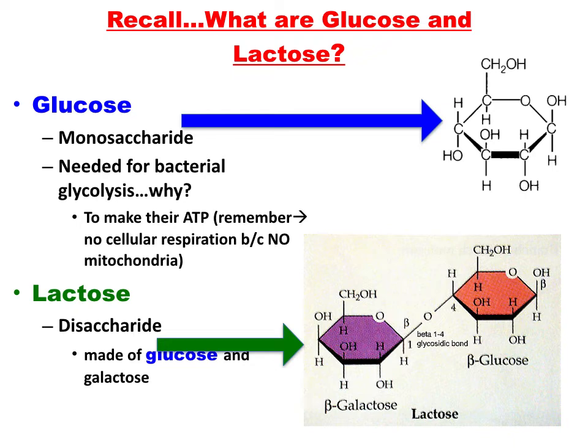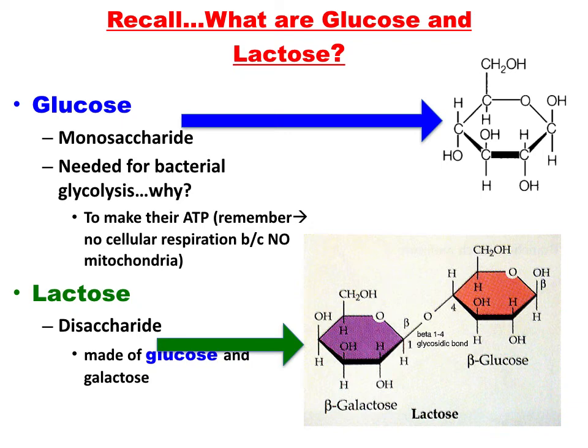People who are lactose intolerant, after they grow out of being babies, they stop making the enzyme that breaks the bond between the glucose and the galactose monosaccharides in lactose, right? We've talked a little bit about that. But bacteria are very happy with any of these food sources. But they only need to break down lactose if lactose is available.